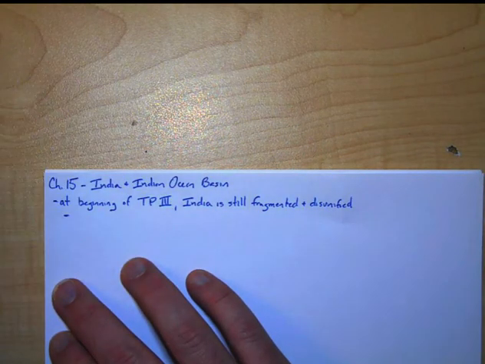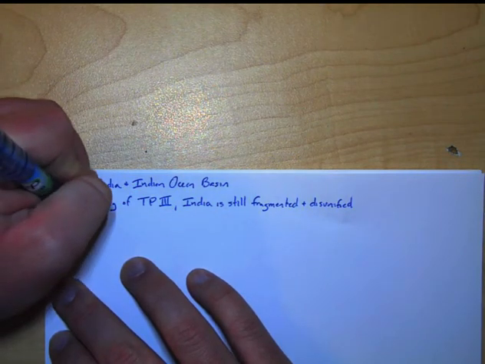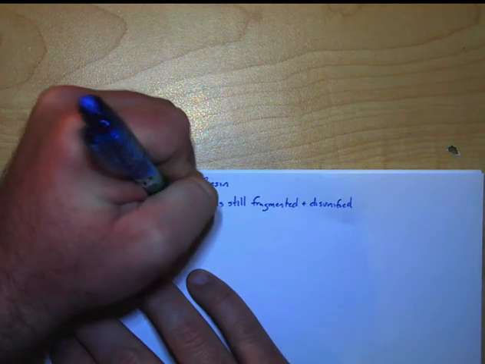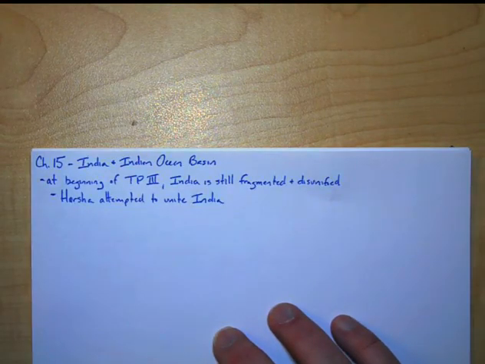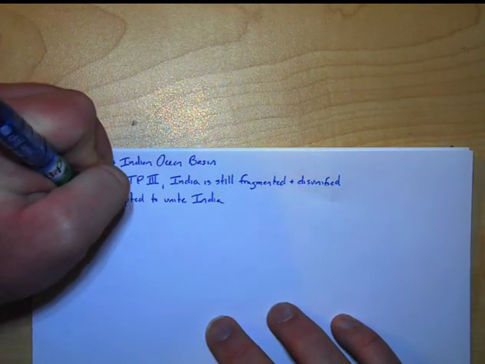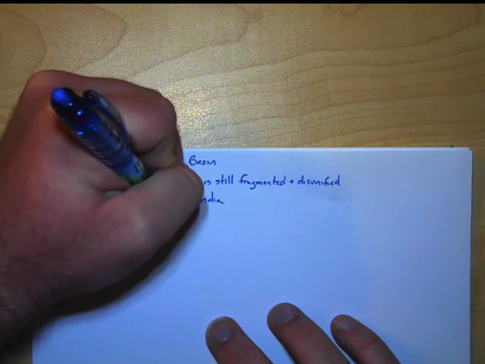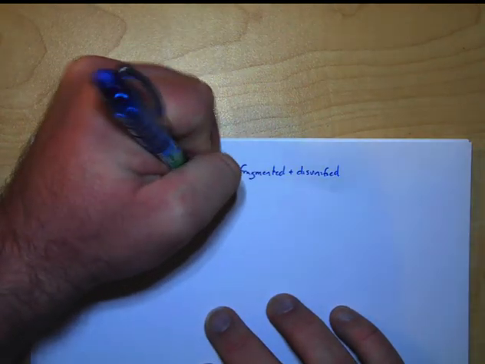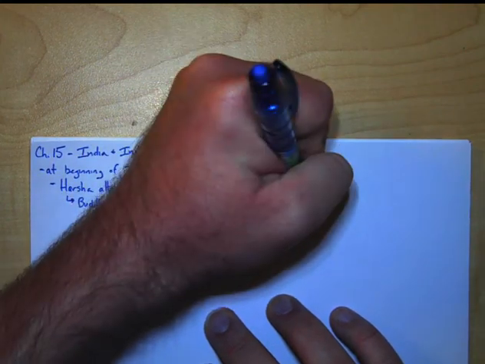But just to give you one example of someone who tried to do this, towards the beginning of time period 3, a guy named Harsha attempted to put India together. Harsha was a Buddhist leader. He was a good soldier, so he had good military skills. He was also interested in the arts and in culture and education.